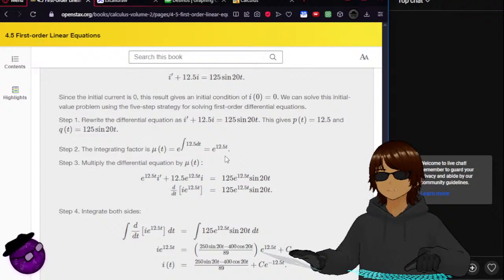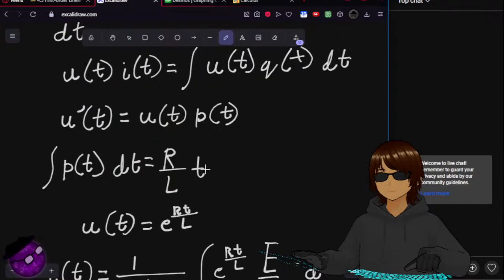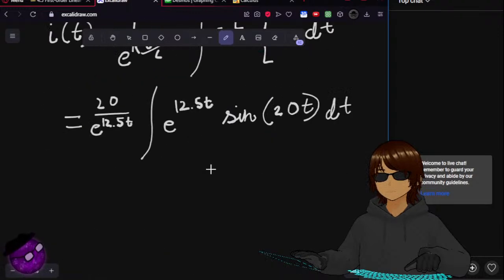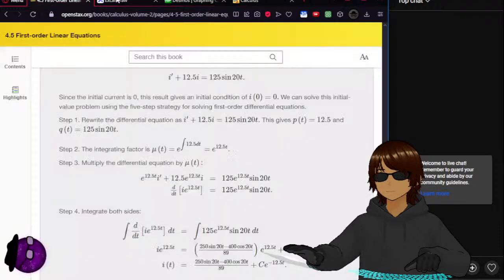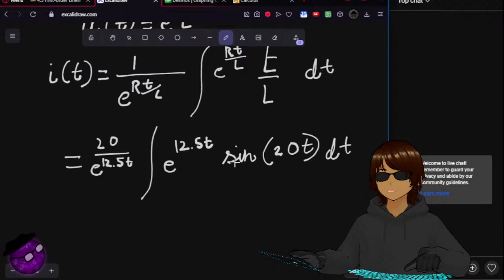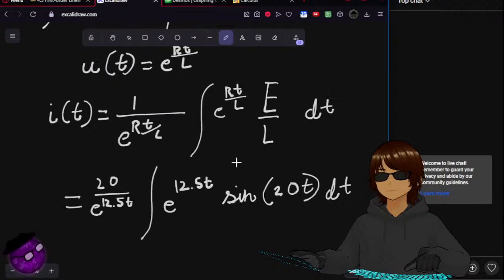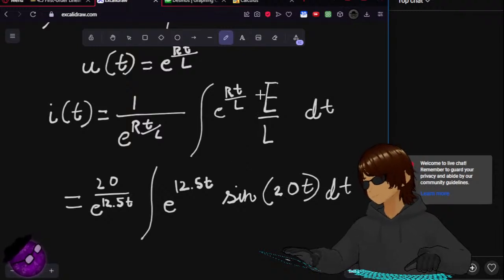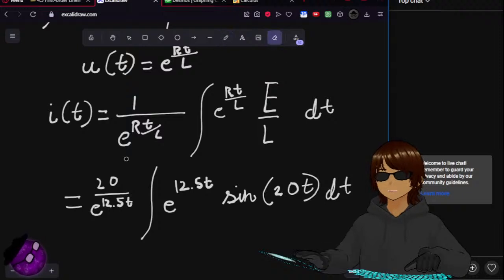Why is this 125? E over L. 50 divided by 0.4. Yeah, it's 125. I made a mistake.